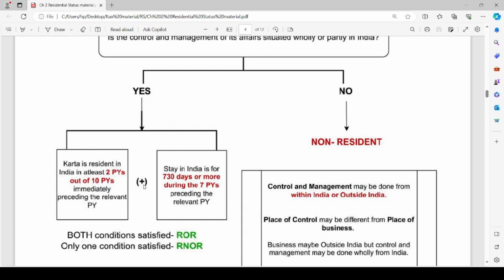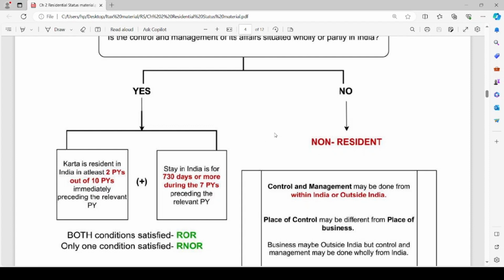If both the additional conditions A and B are satisfied, the Karta is considered to be ROR and also the HUF is ROR. If only one condition out of these 2 is satisfied, then the Karta is RNOR and also the HUF will be RNOR.